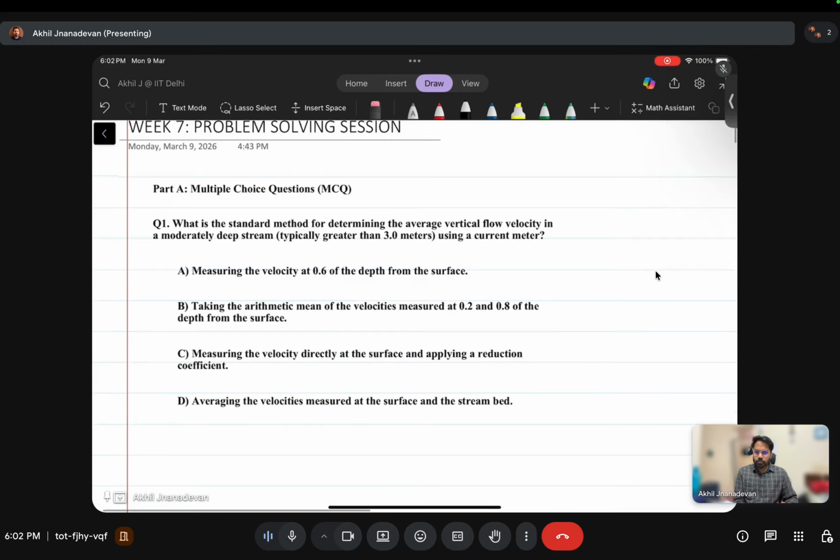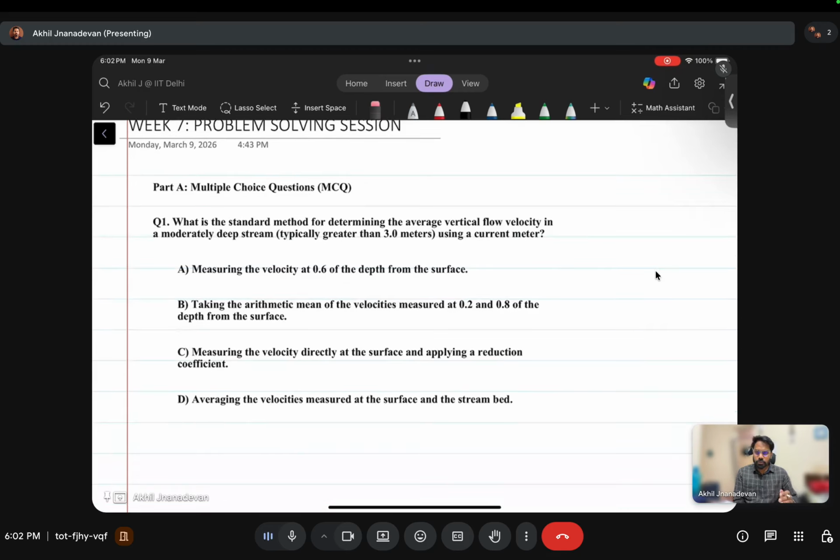So we'll start with the section. Those who have attended my sessions would know the pattern we follow: we start with two parts. Part A is the MCQ part, with six multiple choice questions covering the entire theory part of the lecture taken last week, followed by the NAT, the numerical answer type questions.